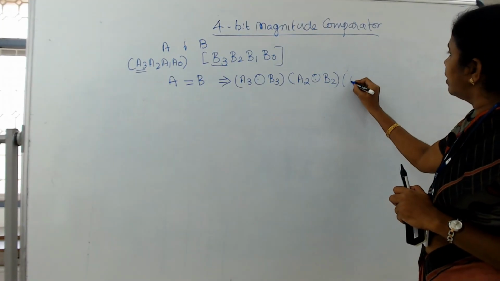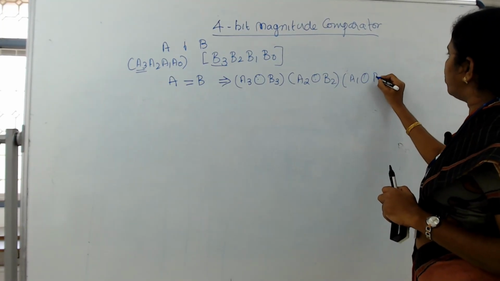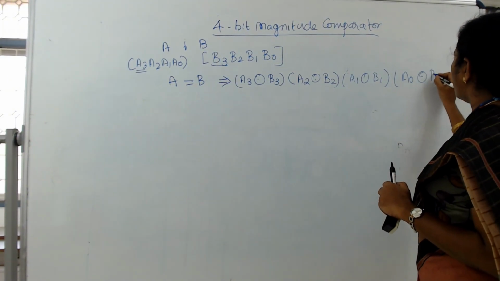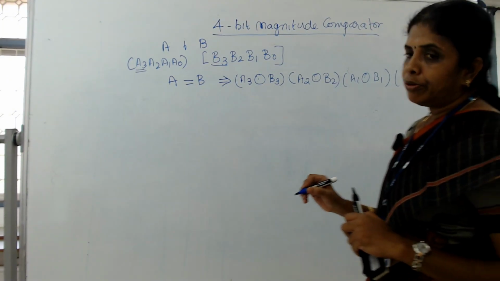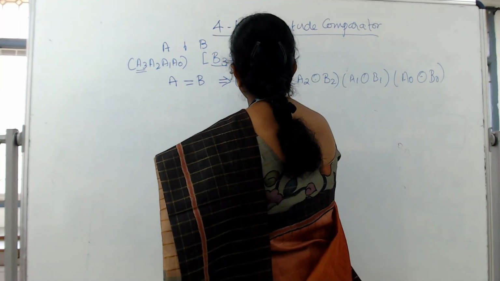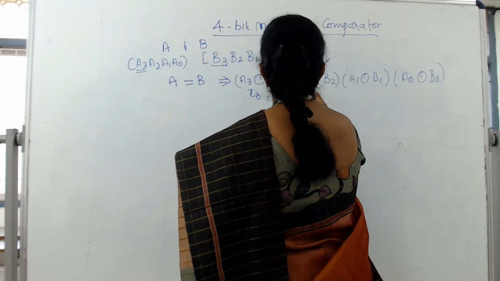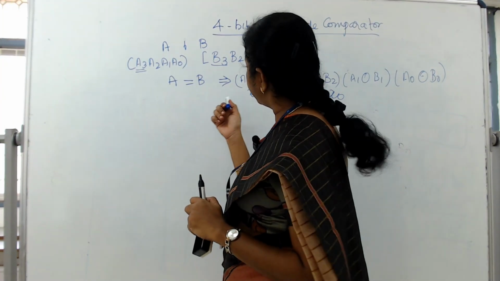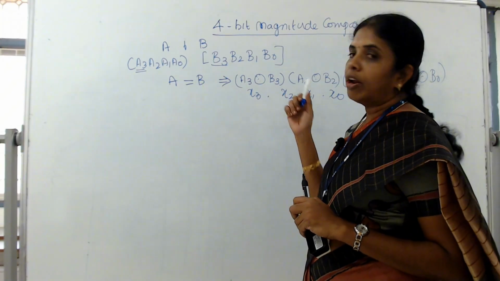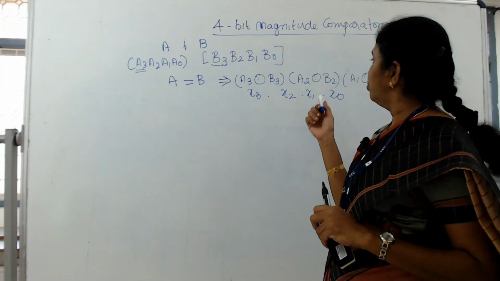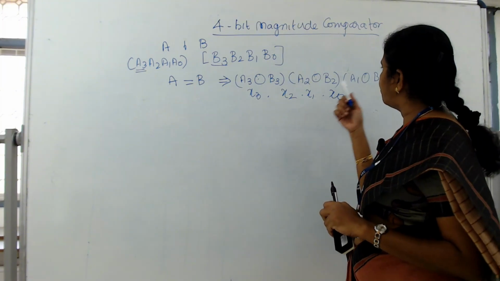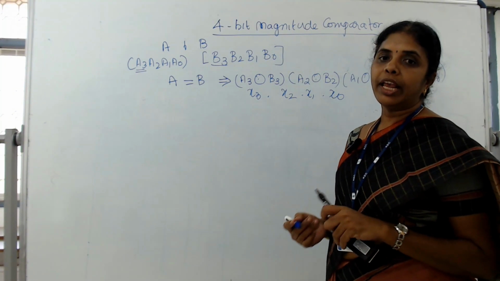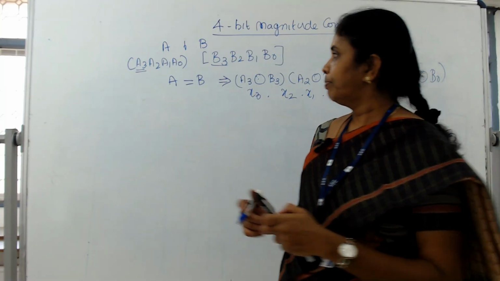Similarly, A1 XNOR B1 and finally A0 XNOR B0. So this equation can be written as x3 into x2 into x1 into x0, where x3 is equal to A3 XNOR B3, x2 is equal to A2 XNOR B2, x1 is equal to A1 XNOR B1 and x0 is equal to A0 XNOR B0.